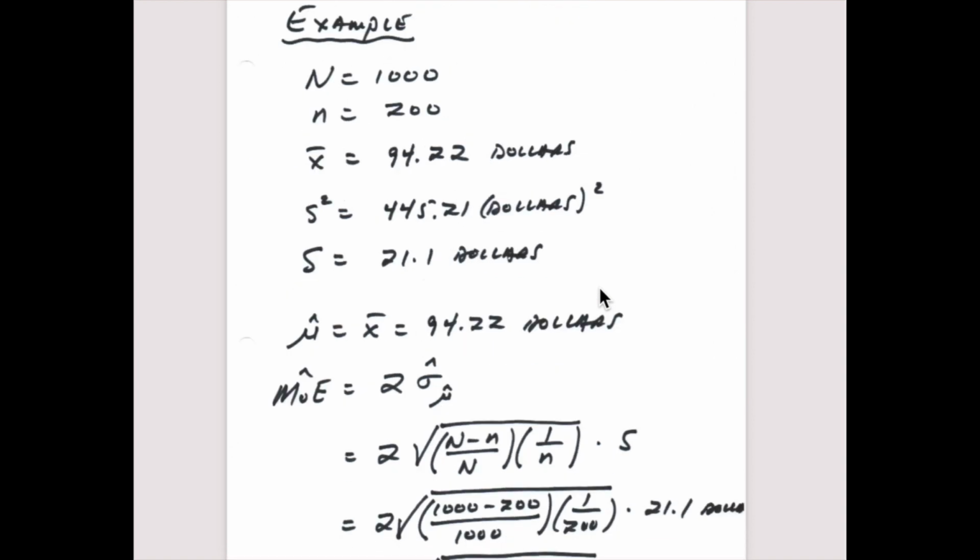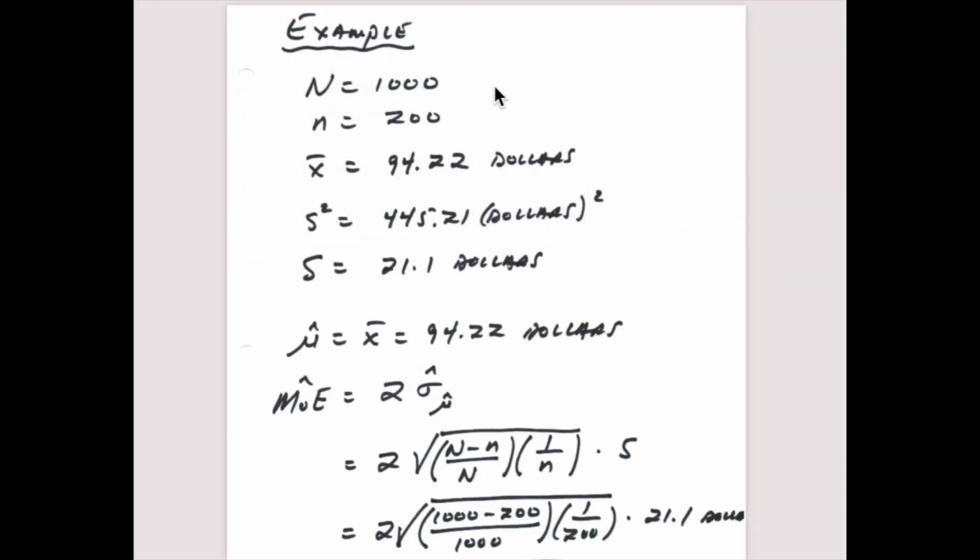Okay, so we have here a population size of 1,000, a sample size of 200. The sample mean was $94.22. The sample variance was $445.21 squared.